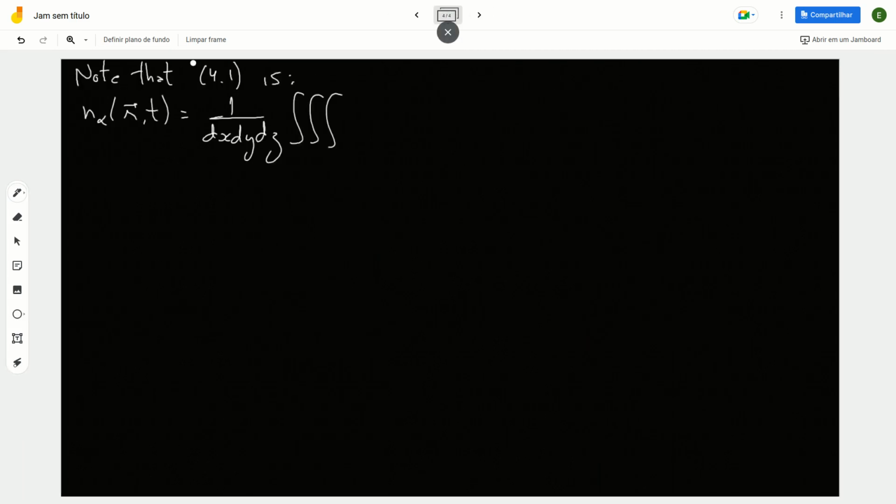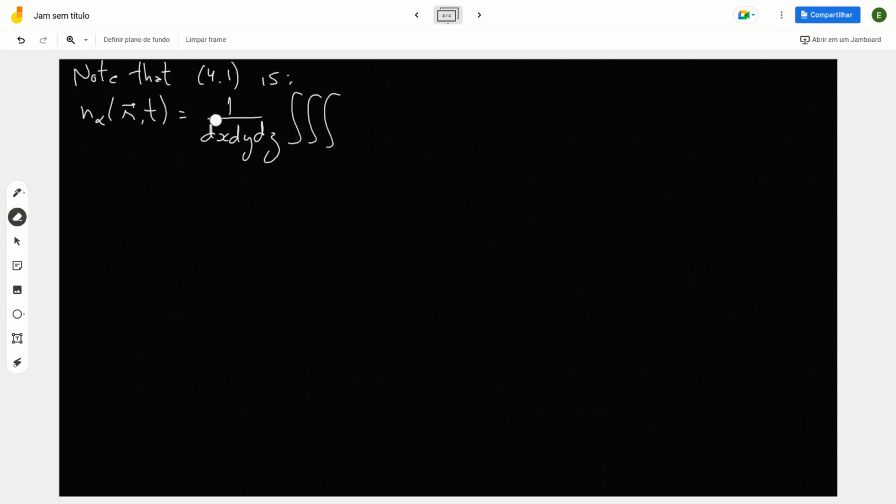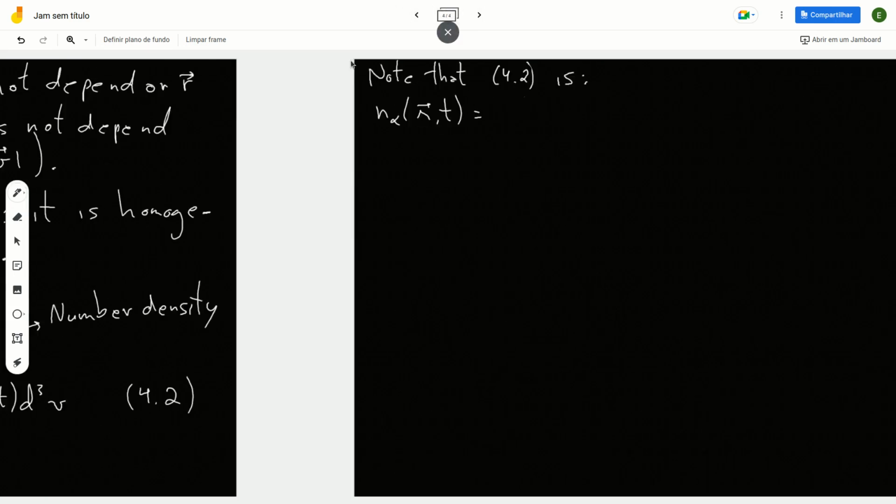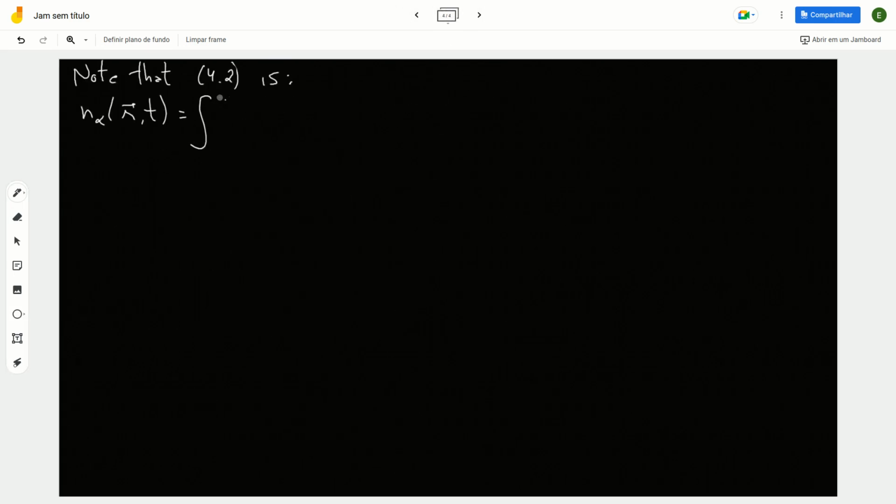Actually, let's write 4.2, not 4.1. 4.1 will lead to 4.2, and so 4.2 is just the integral in v.